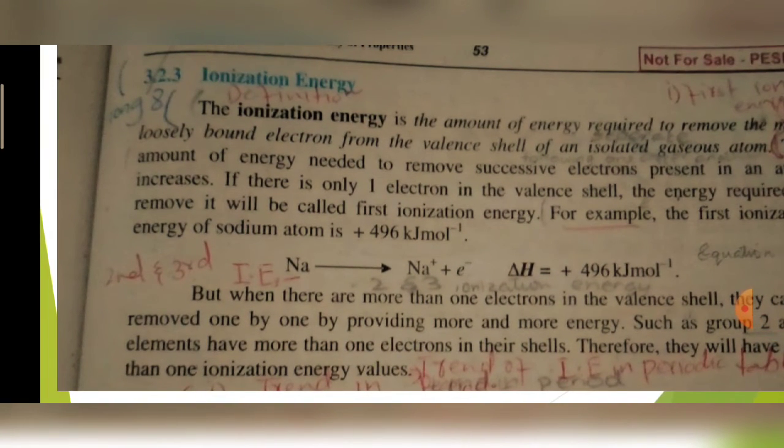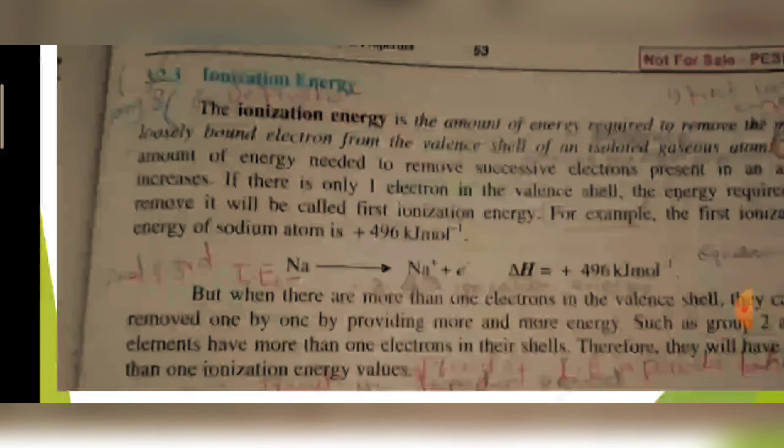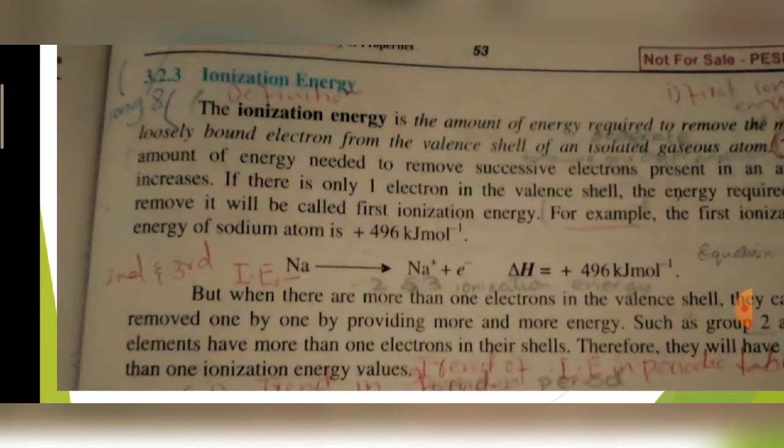Kilojoule is the unit, and per mole means 1 mole of the atom. When we take 1 mole of the atom, the energy is 496 kilojoule. Because energy is required, we add the energy. Delta H is the change in enthalpy, and because this amount of energy is required, not released, I mistakenly said released, it is required to remove the most loosely bound electron from the isolated atom.